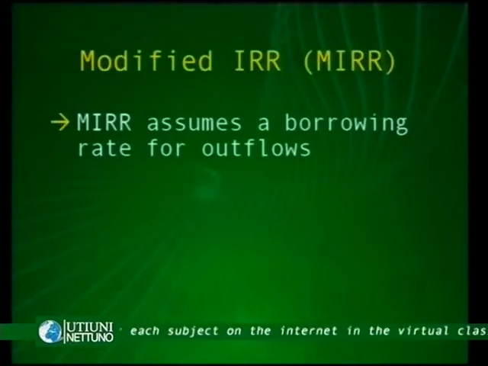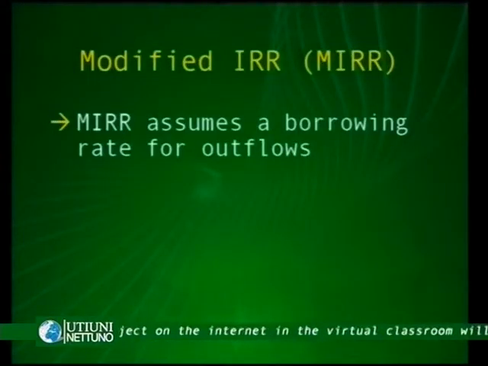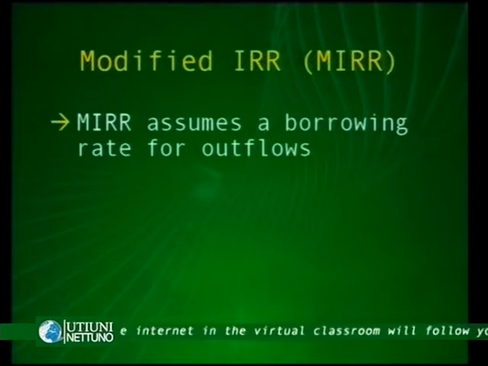So in case we have a high IRR and the assumption that we discussed is implausible, we can calculate a modified IRR that can assume a different and realistic reinvestment rate for inflows. And moreover, the modified IRR, that is also defined MIRR, assumes a borrowing rate for outflows.